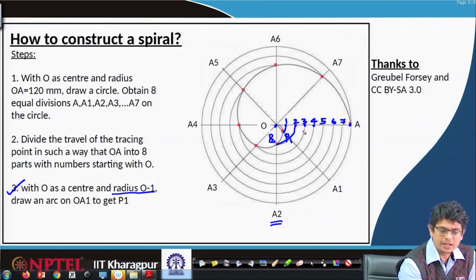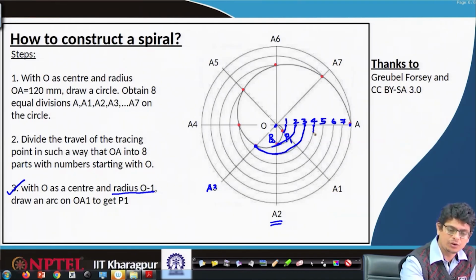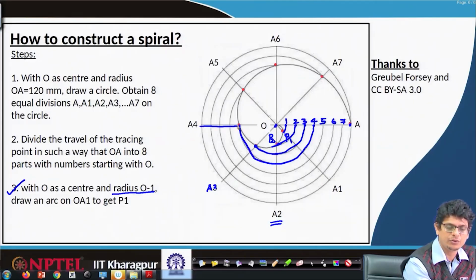From O to 3, make an arc such that it intersects the A3 line. Similarly, from 4, draw an arc which intersects the A4 line.